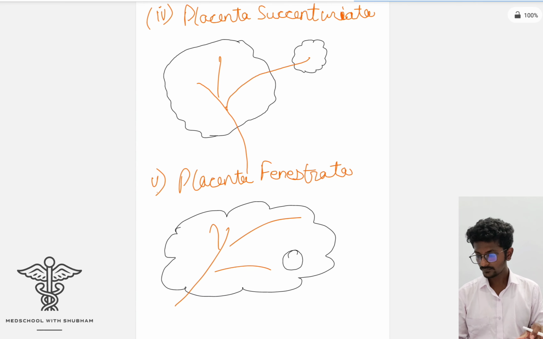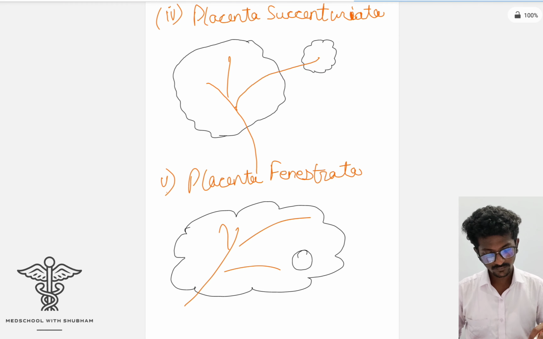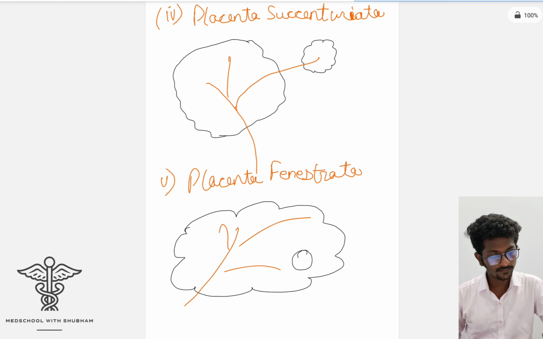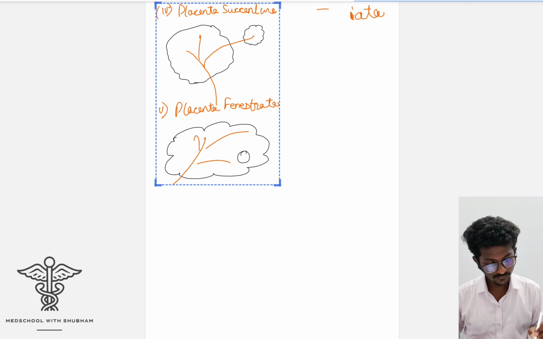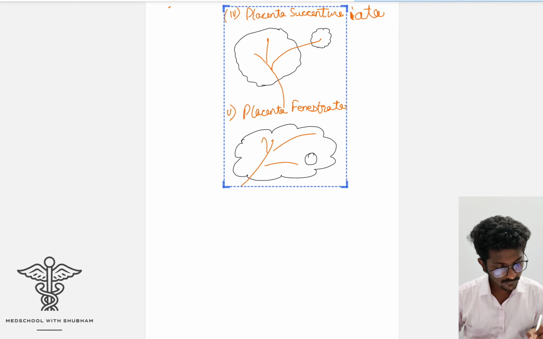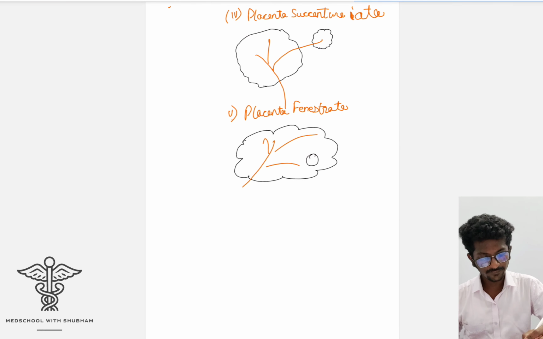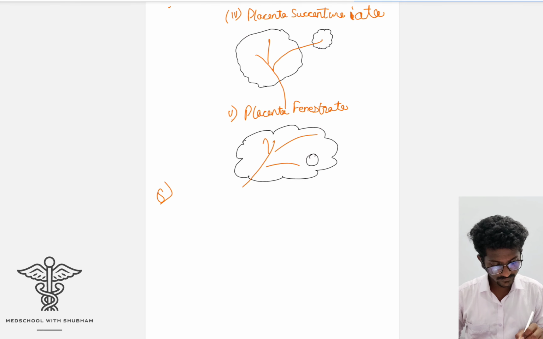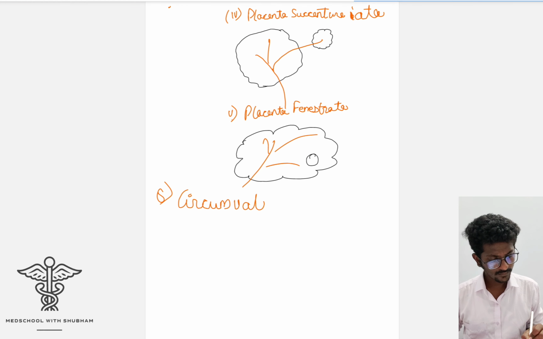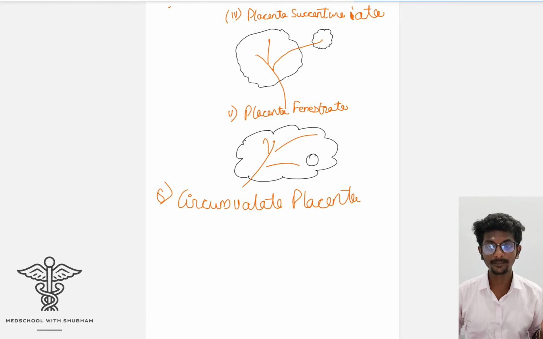Okay. And there will be one more part which is called as circumvallate placenta. So the sixth one is the circumvallate placenta.